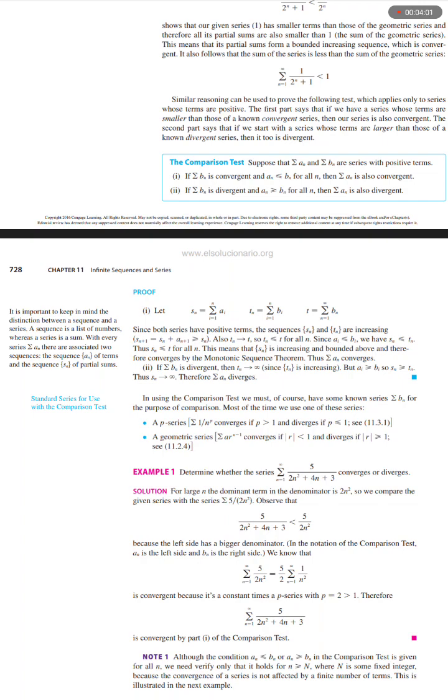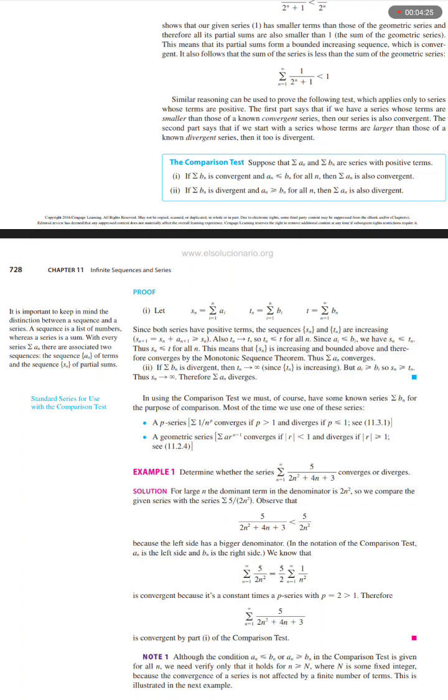Back to the text. Proof. Number 1. Let s sub n equals the sum from i equals 1 to n of a sub i, let t sub n equals the sum from i equals 1 to n of b sub i, and let t equals the sum from n equals 1 to infinity of b sub n.